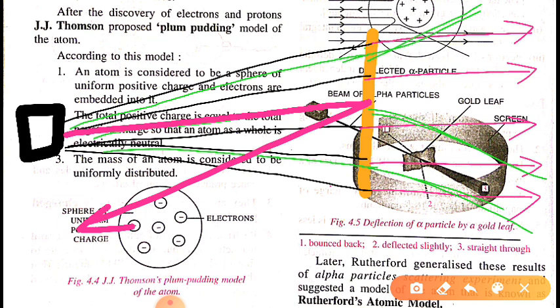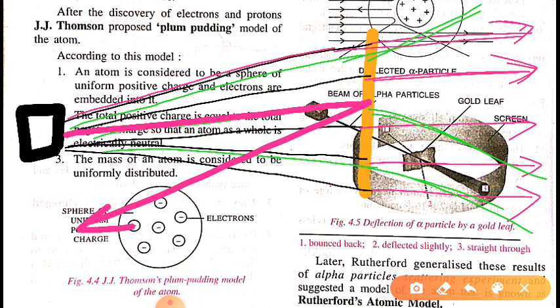Now, through this experiment, what did he conclude? First, he concluded that the atom contains a large empty space. Why did he conclude like this? Because you can see that most of the alpha particles just strike here and go straight, like this.